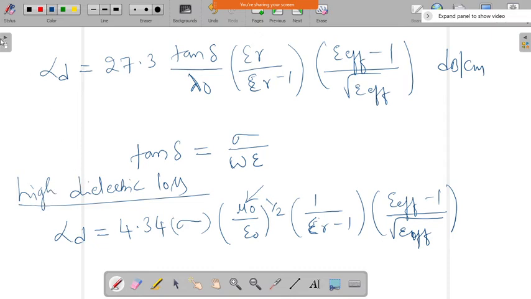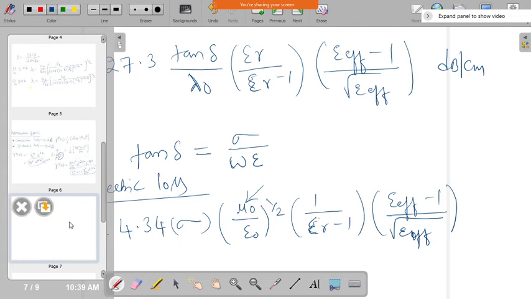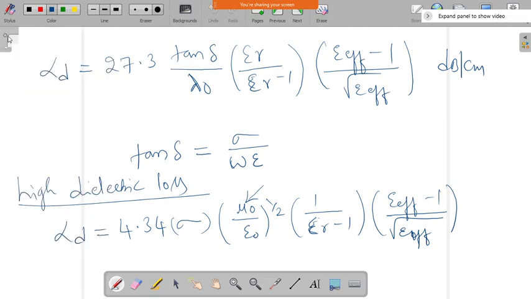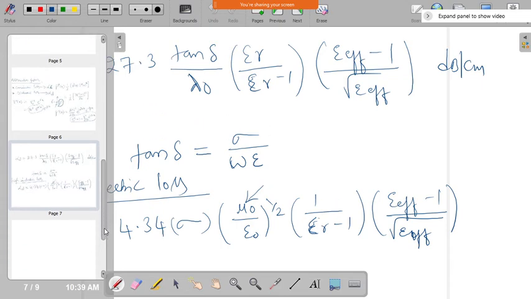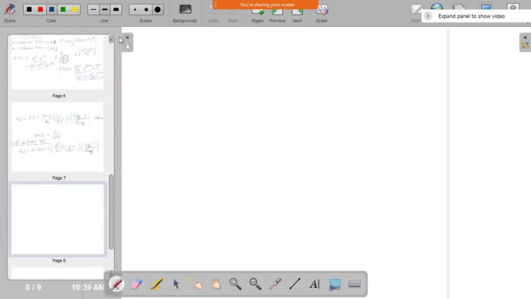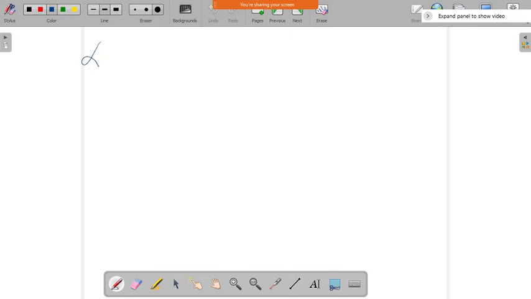Even the attenuation due to conductor loss we can write. We can use the expression to find the attenuation due to conductor loss, represented as alpha C, which is given by Rs divided by Z naught into omega.